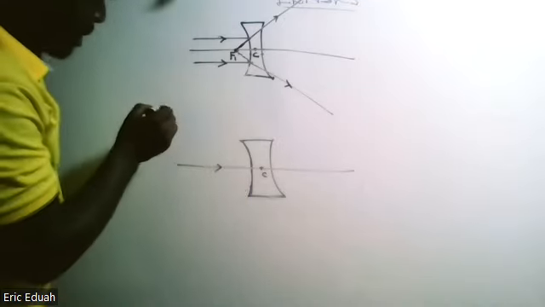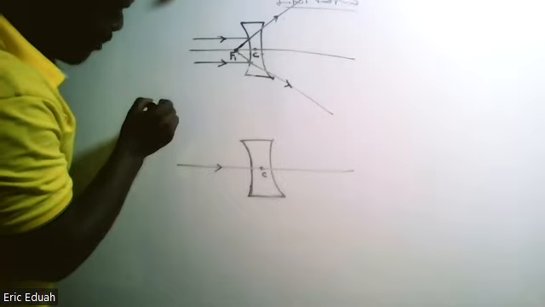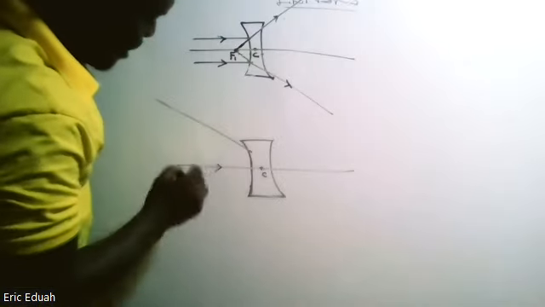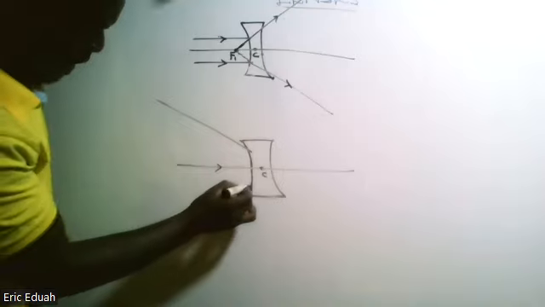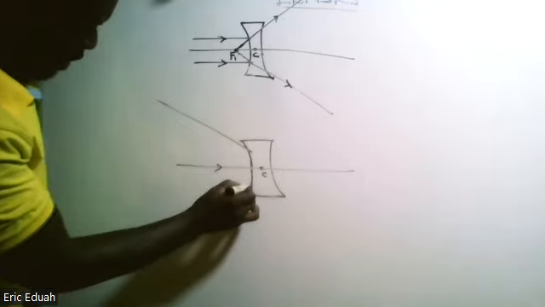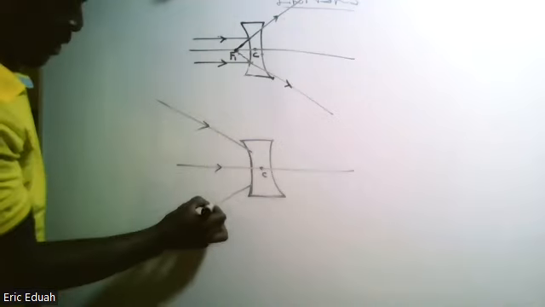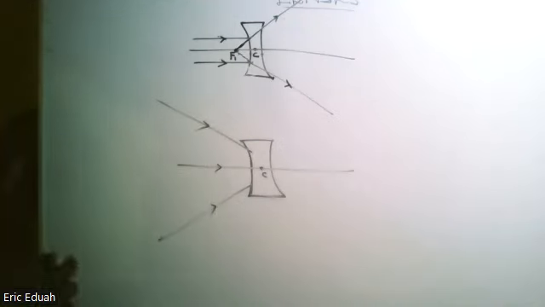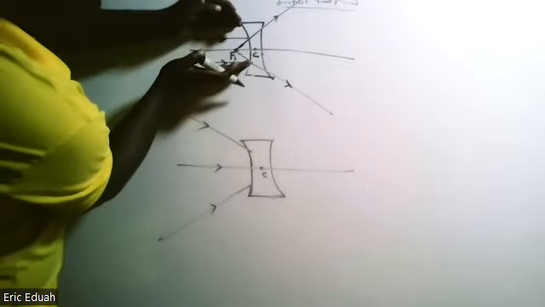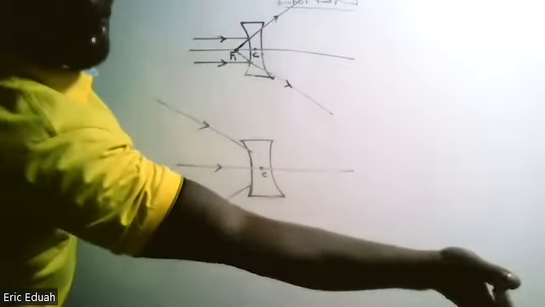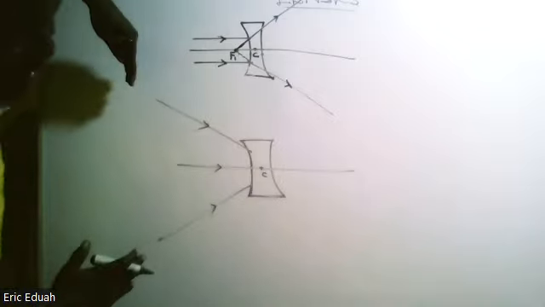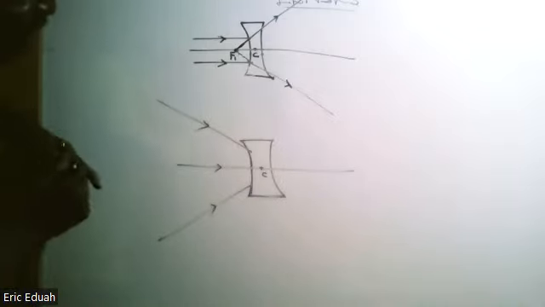But this time we have the rays coming from afar, hitting it. Another one coming from afar. It follows the same principle of reversibility. Look at this. Parallel, hitting it, it's diverted. Here it is diverted.